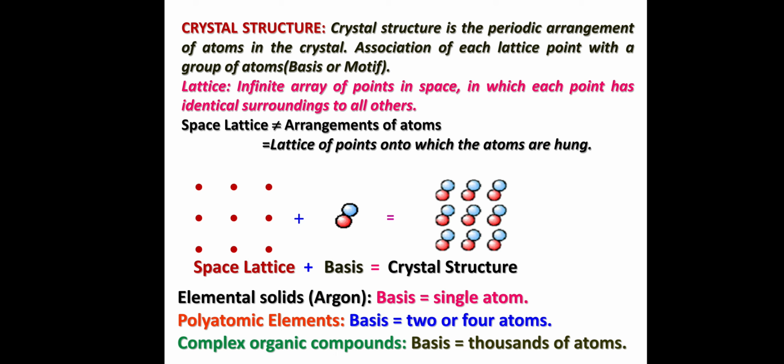As far as elemental solids, where the basis is a single atom, the example is argon, and polyatomic elements, the basis is 2 or 4 atoms, whereas complex organic compounds, the basis is thousands of atoms.